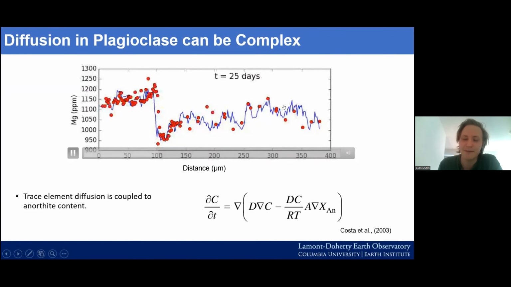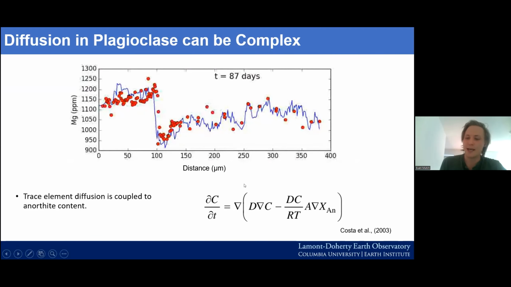In fact, we have a really complicated diffusion profile in the compositional domain, and the diffusion profile starts to mirror or reflect the anorthite profile. This is because the diffusion of trace elements is often coupled with the anorthite content. There's usually a non-ideal interaction between the magnesium component and the anorthite or albite component.